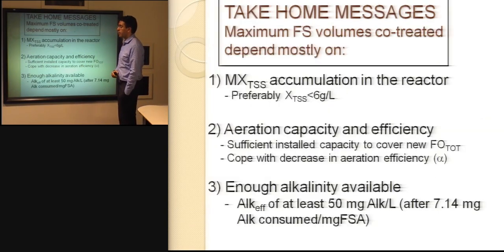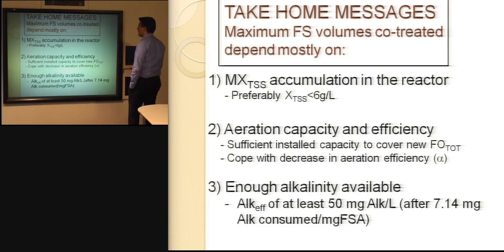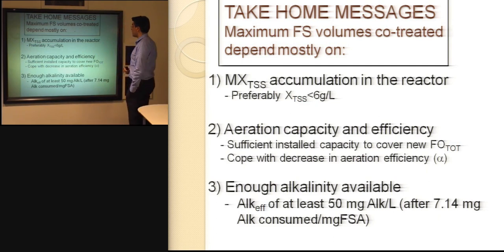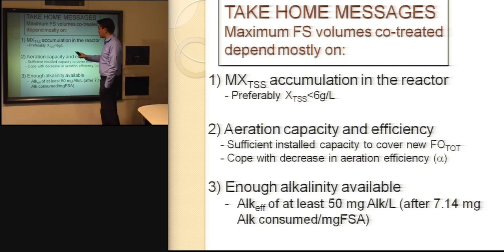So, overall, the maximum fecal sludge volume that we could co-treat in the plant will be basically limited by the maximum amount of solids that can be treated or accepted in those plants. For most of the plants, for example, for the aerobic plants, preferably the total concentration should be lower than 6 grams per liter.